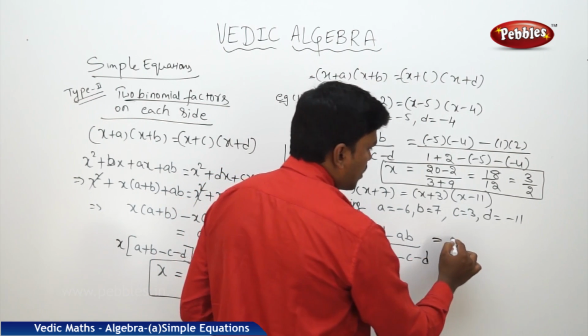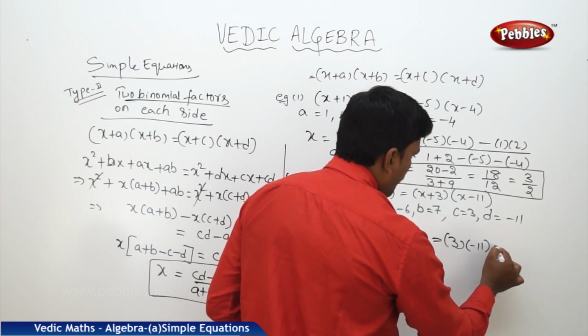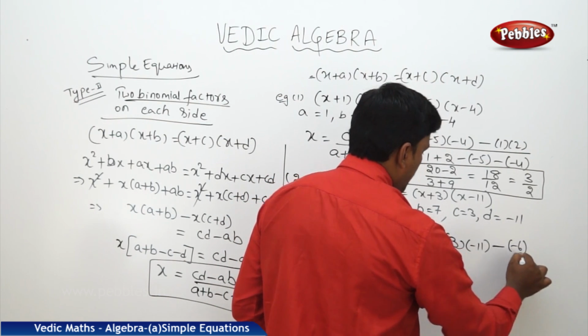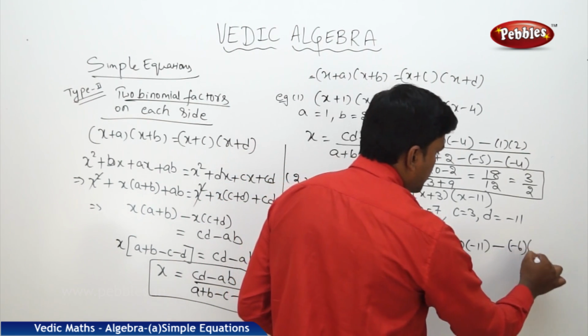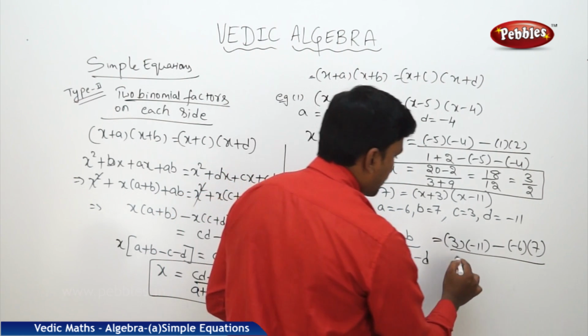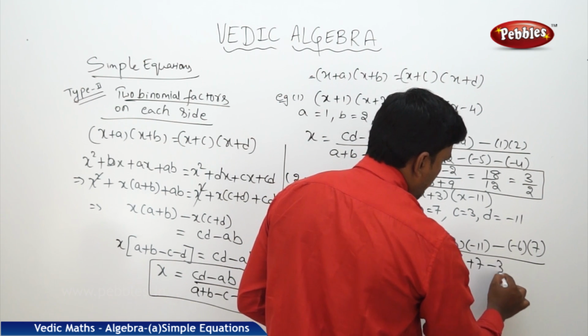C here is 3, D is minus 11, minus A is how much? A is minus 6, and B is 7. Total by A plus B minus C minus D.